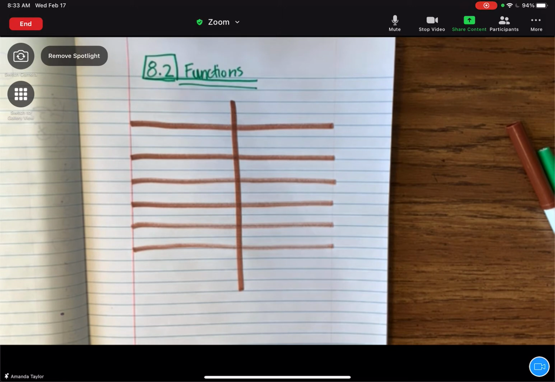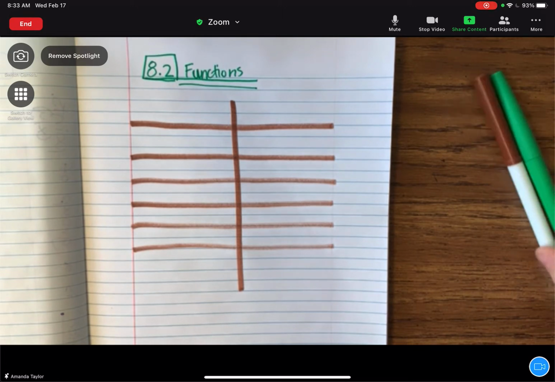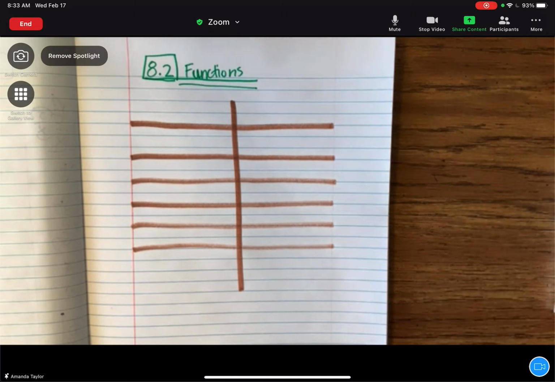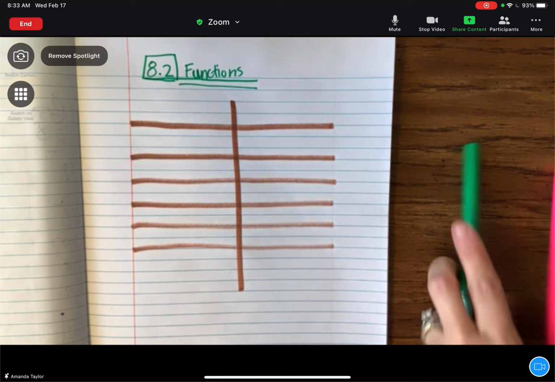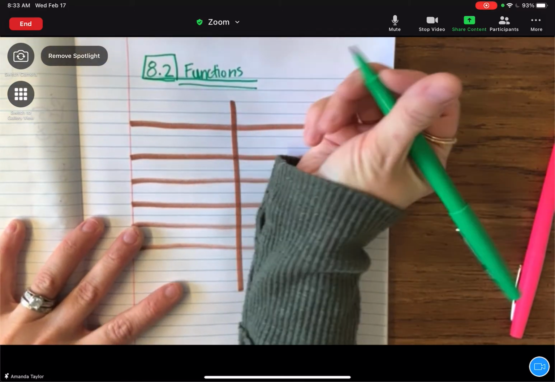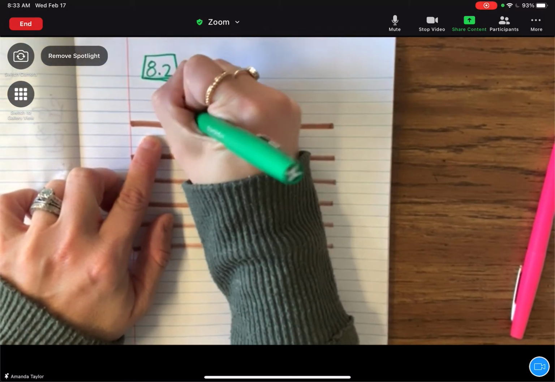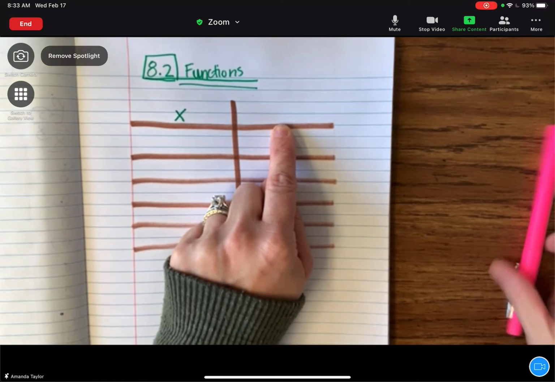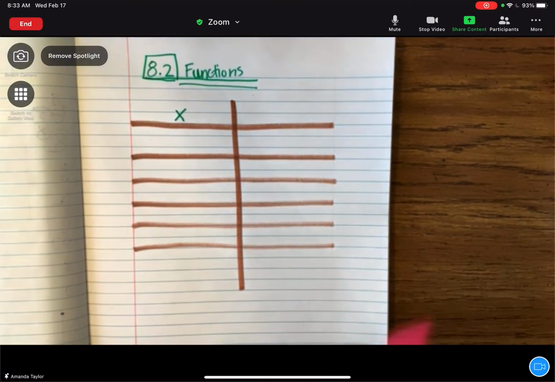Okay, so let's talk about the things that we already know for input and output. I'm going to use 2 different colors here. So if I say X, what's its opposite? Or the corresponding Y?